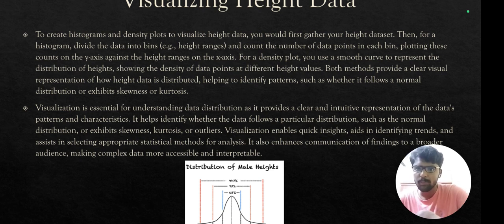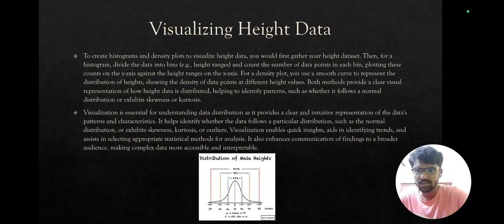For a density plot, you use a smooth curve to represent the distribution of heights, showing the density of data points at different height values. Both methods provide a clear visual representation of how height data is distributed, helping to identify patterns such as whether it follows a normal distribution or exhibits skewness or kurtosis.